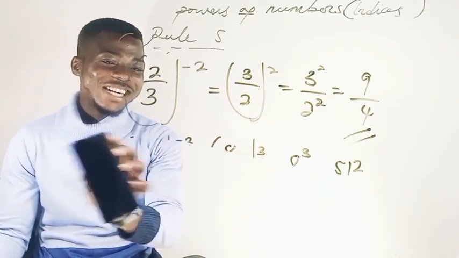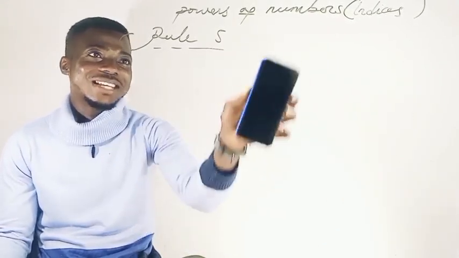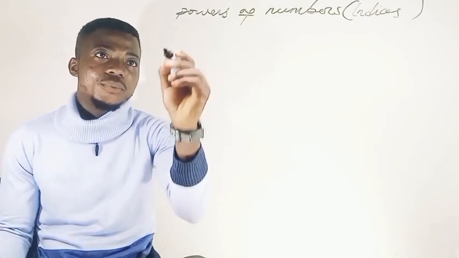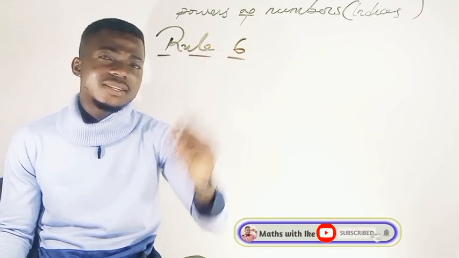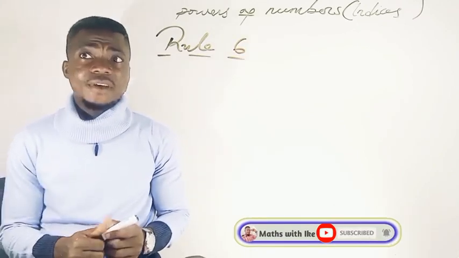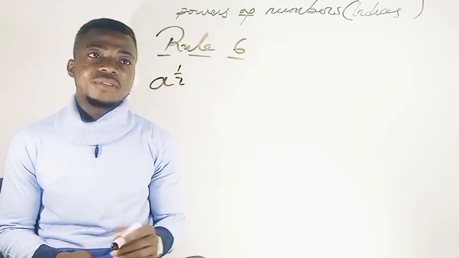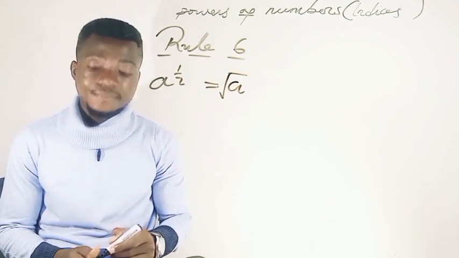Rule number 6. Now rule number 6 is very simple. If you have something like this, a exponent 1 over 2 is the same as square root of a.